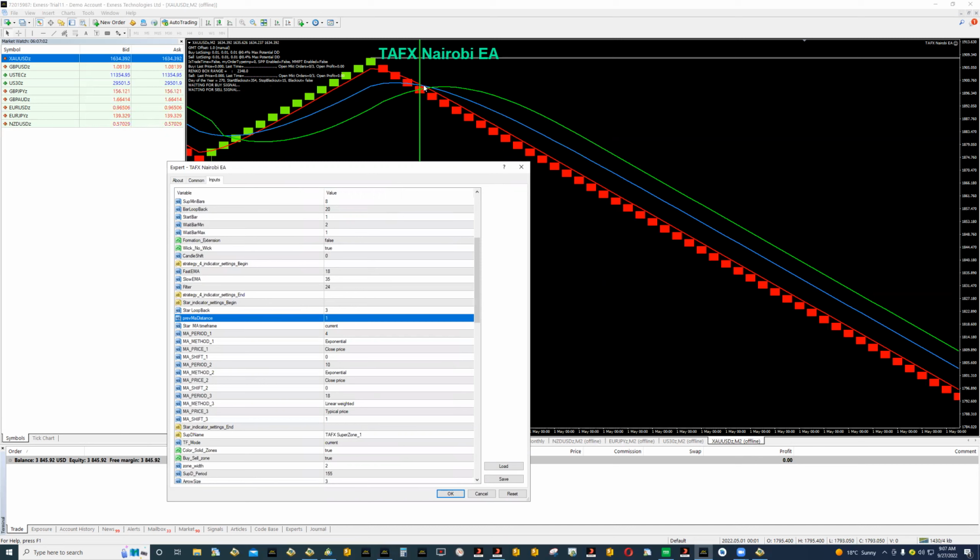If you don't want this one, you want it to trade the exact star, you are supposed to set 0 there. But by default, we love it to be 1 because of the closeness of this one, because it is still more powerful.